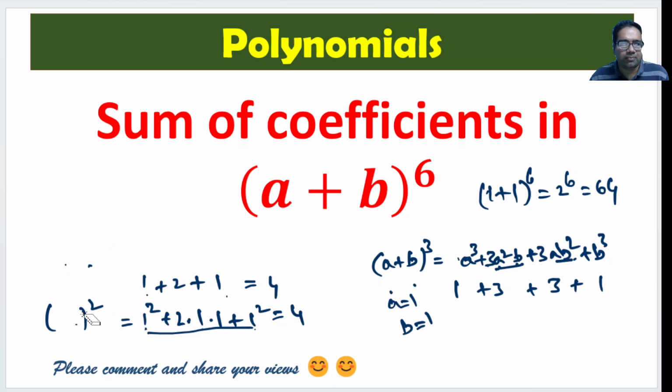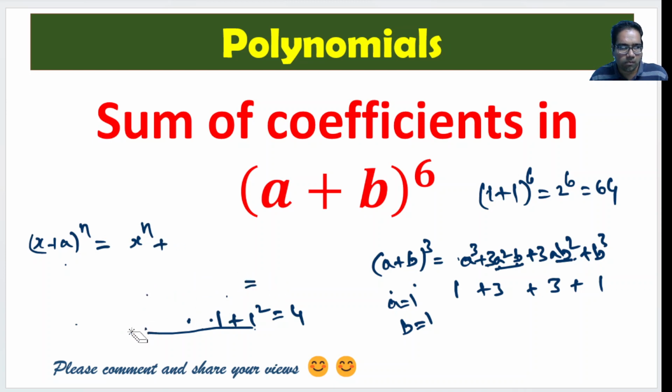We know our binomial theorem. What does our binomial theorem say? (x plus a) whole power n equals x power n plus nC1 times a power 1 times x power n minus 1.